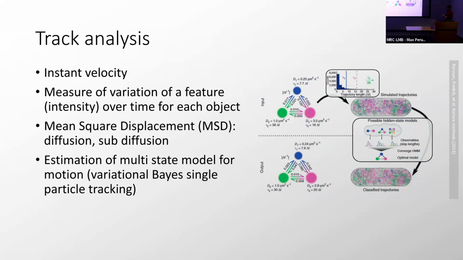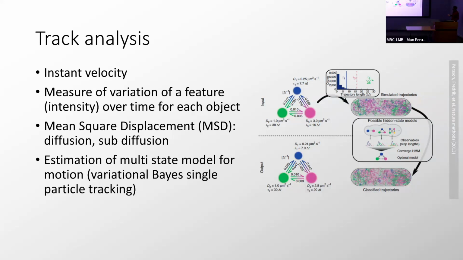And then, once you have all your tracks, you may want to look at a motion model that changes over time. You can have a multi-state model for the motion, where states correspond to different diffusion coefficients or velocities.